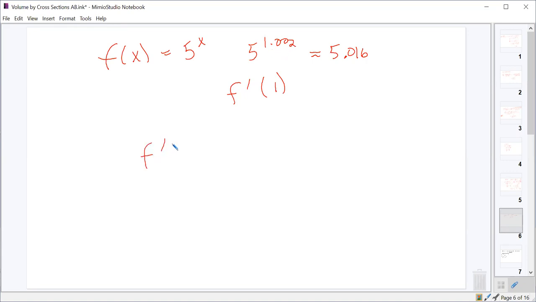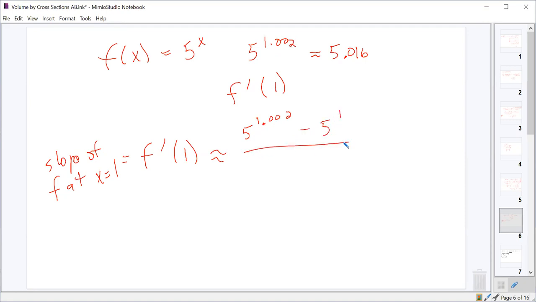So we could say that f prime of 1, the slope of f at x equals 1, is approximately equal to, on a very, very small scale, the average rate of change on that interval, which would be 5 to the 1.002 minus 5 to the first over 1.002 minus 1.